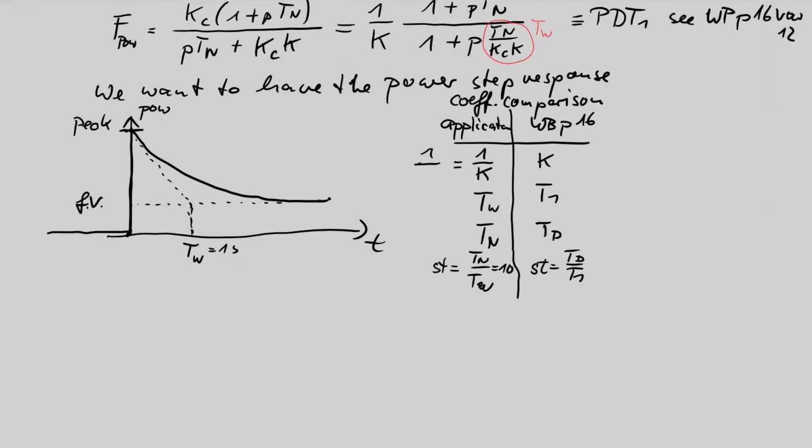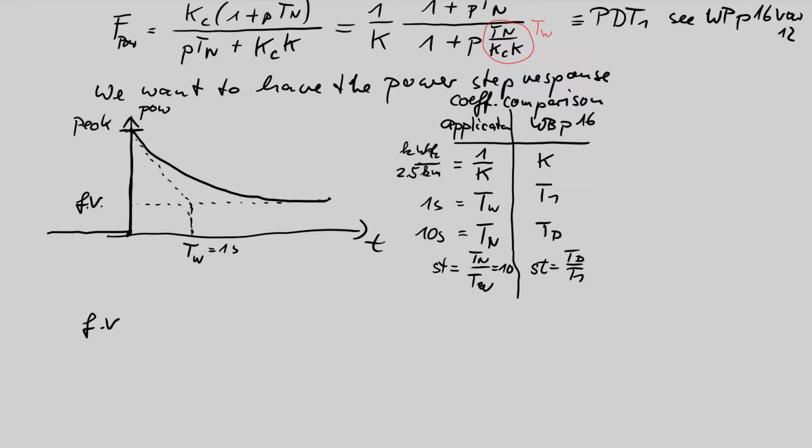So 1 divided by 2.5 kilometers divided by kilowatt hour. That is the k factor. Yeah, Tw was 1 second, Tn was 10 seconds. So that we now can check how large is the final value.